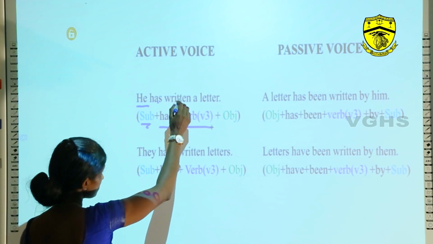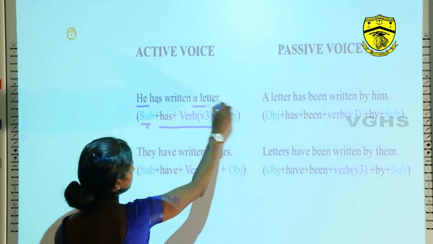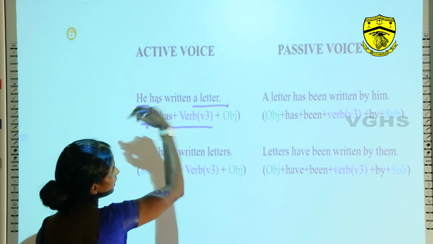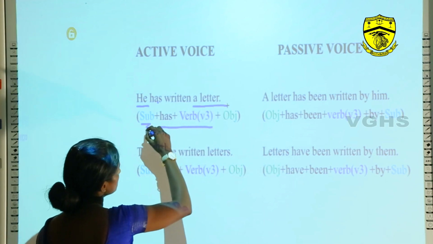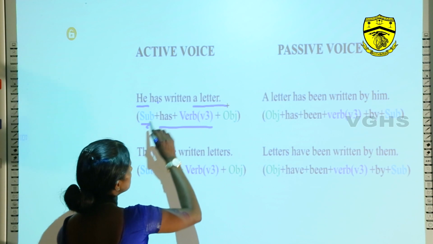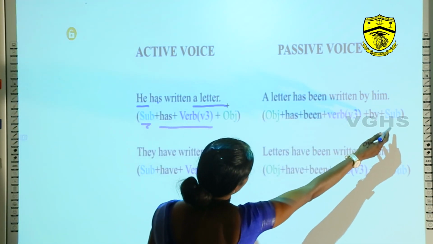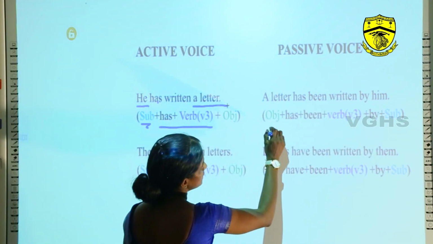The past participle of the verb write is written. Then the object. We have already studied that the subject comes at the place of the object and the object comes at the place of the subject. So he goes to the place of the object and a letter comes to the place of the subject.